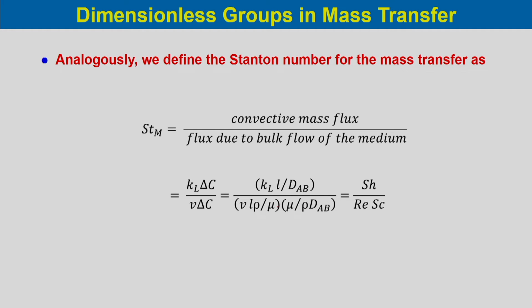If we rearrange, it is KL L divided by DAB, whole divided by V L rho by mu into mu by rho DAB. So, this is the Sherwood number, this is the Reynolds number, and this one is the Schmidt number. So, we can write the Stanton number for mass transfer in terms of the Sherwood number, Reynolds number and Schmidt number.